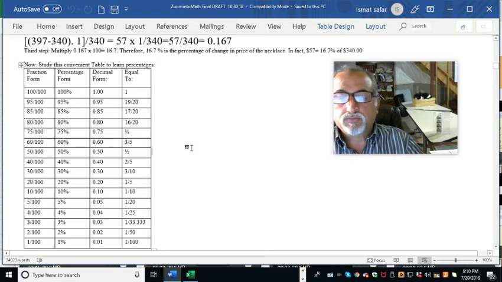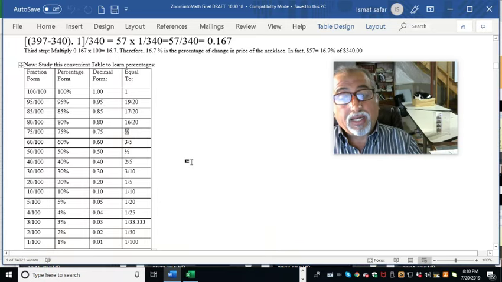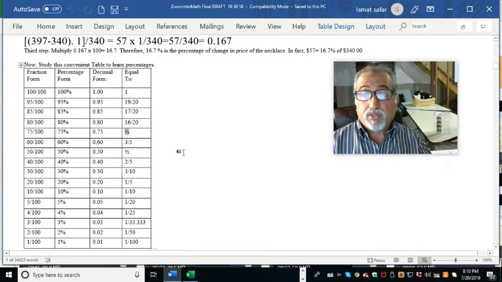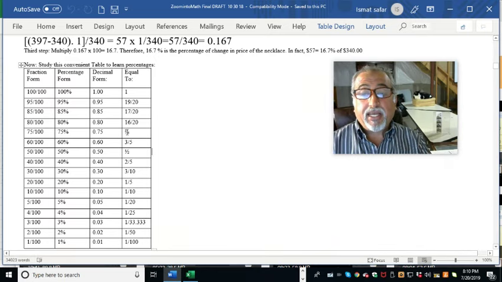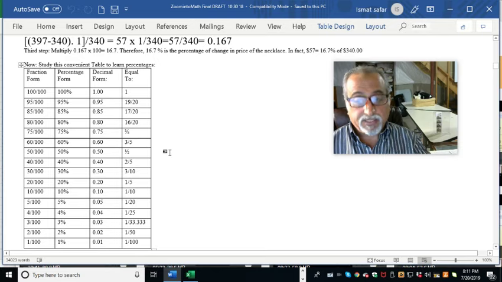Now, 75 of 100 is 75%, which is 0.75, which is actually 3 over 4. This is very interesting. 3 over 4 is 0.75, which means 3 is 75% of 4.